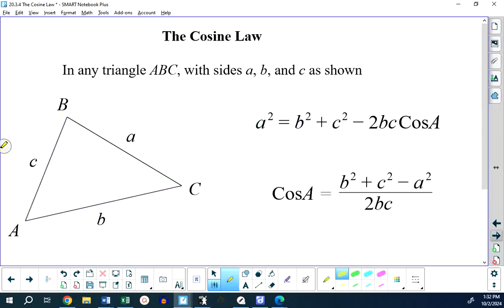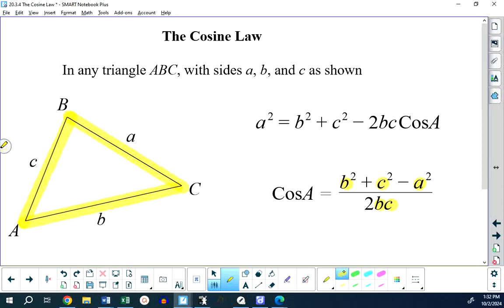However, if you know all three sides, this is the information that you know. I'm not distinguishing between which one is which. You just know all three sides. You can use that to find an angle.